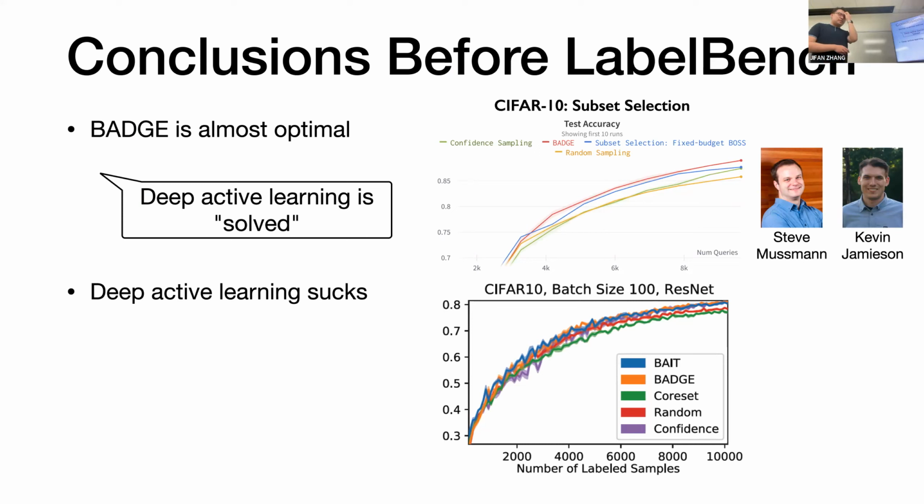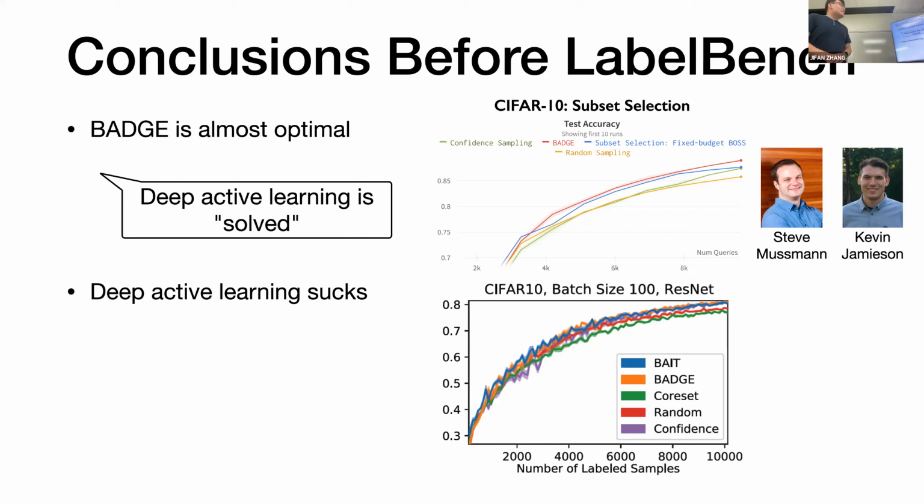In fact, Steve, Kevin, and I tried to run a subset selection algorithm. Subset selection is, if you knew all the labels of a particular data set, how do you choose a subset of it and train on that subset to get to the same accuracy as if you were training on the entire set?